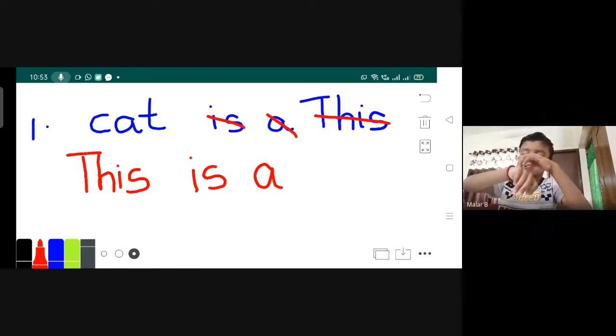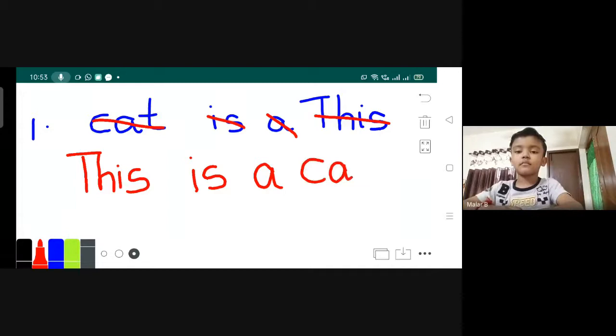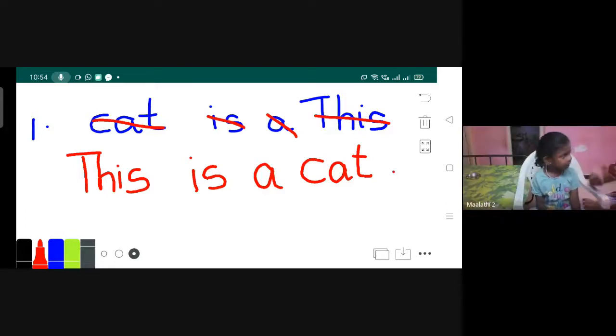Okay. This is a, and the final one is cat. C-A-T, cat. And finally, what do we have to keep here? How will the sentence end? Sentence starts with a capital letter and it ends with a full stop. Very good. Well done.